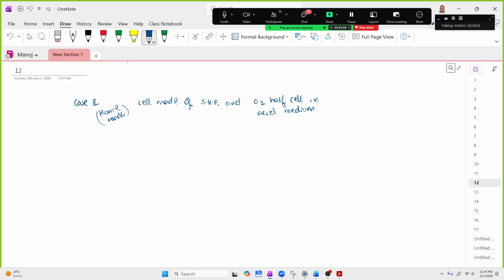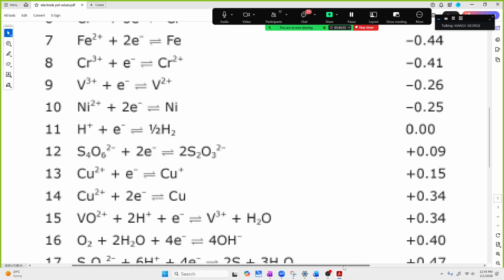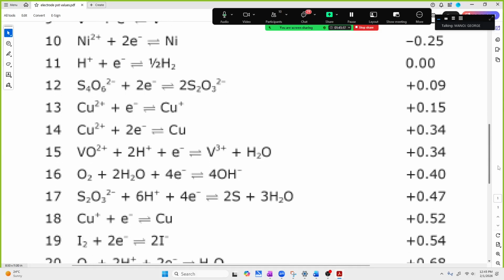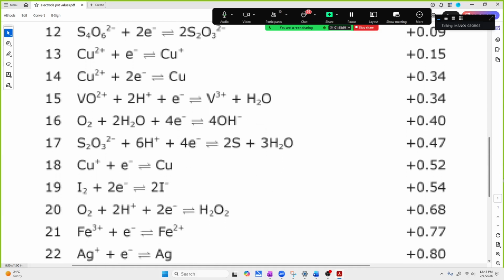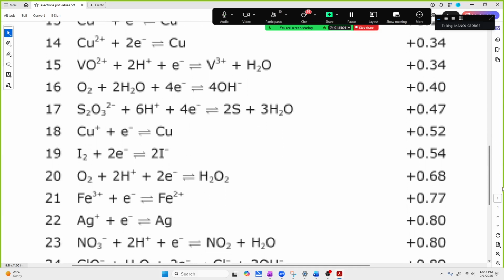Can you tell me which equation you can actually select for the oxygen half cell in acid medium? There's a reason why I gave that equation. Let me check: do you think you can use equation number 16?